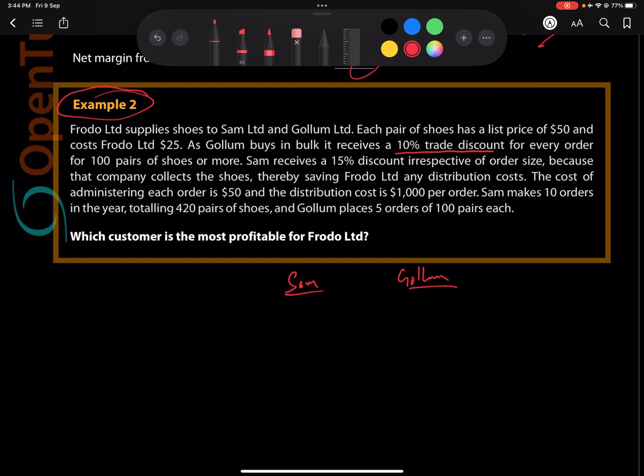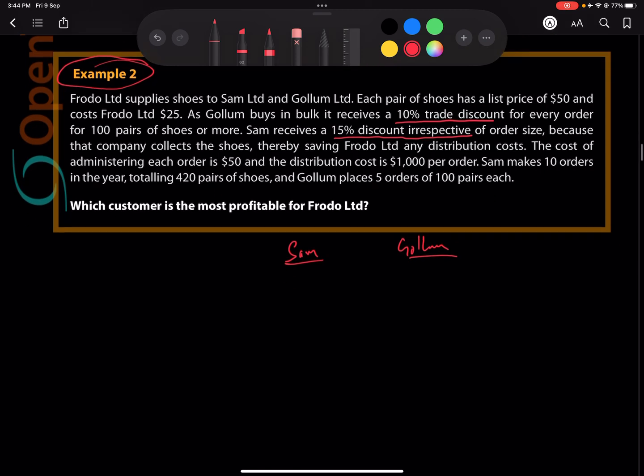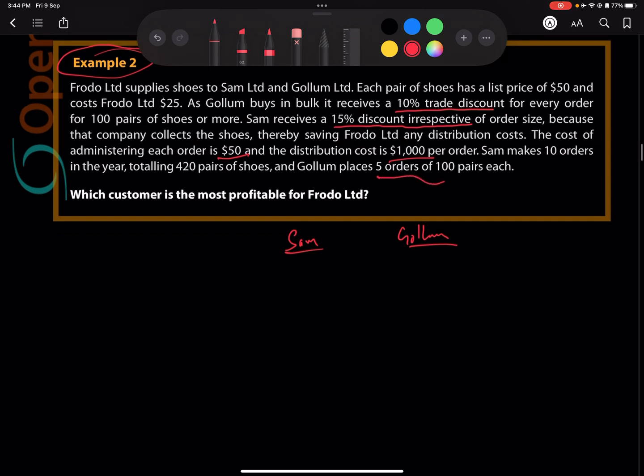Sam, on the other hand, receives a 15% discount irrespective of the order size, because the company collects the shoes, thereby saving distribution cost. The cost of administering each order is $50, and the distribution cost is $1,000 per order. Sam makes 10 orders totaling 420 pairs, and the other orders 5 times for 100 pairs.